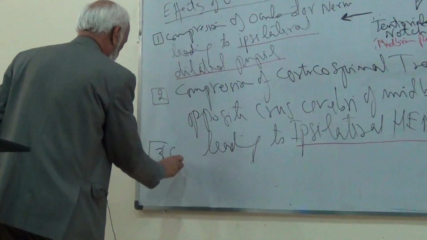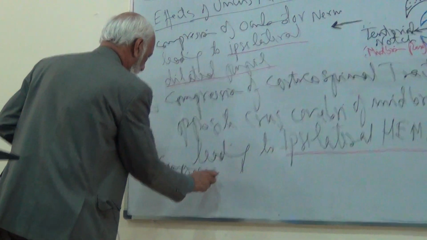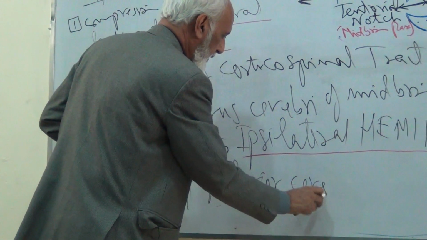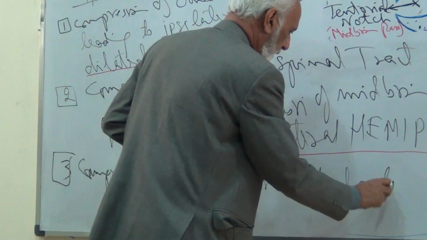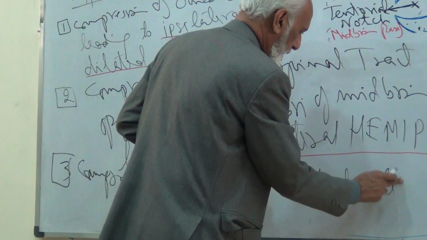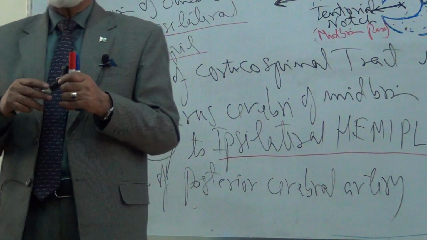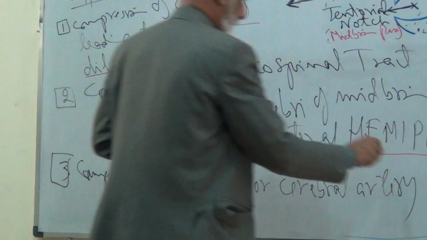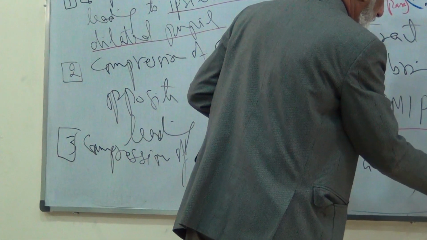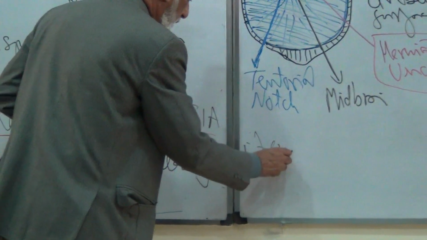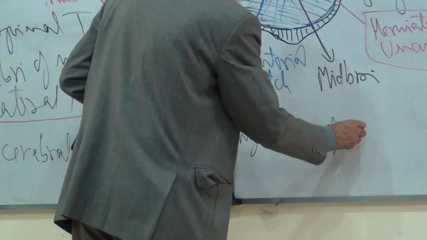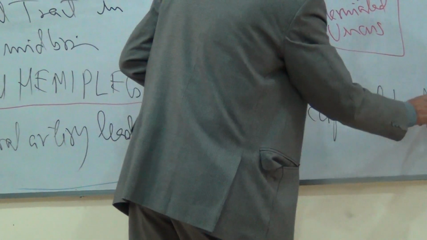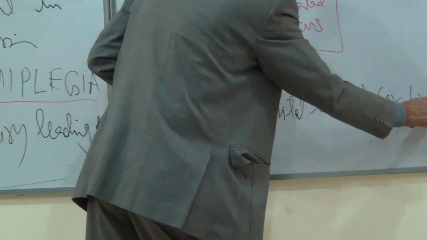Number three, compression of the posterior cerebral artery will lead to infarction of the occipital lobe of the cerebrum.